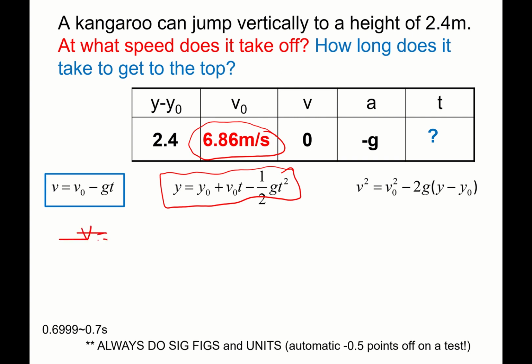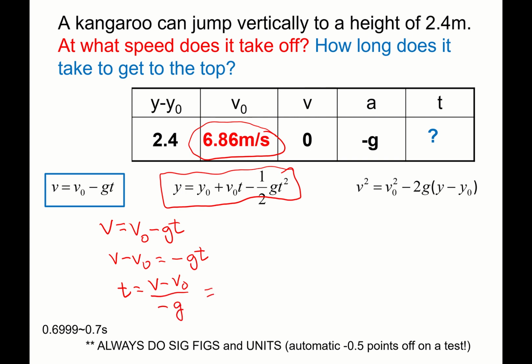So I've got v equals v0 minus gt, and I want to solve for t. So v minus v0 equals minus gt. So t is equal to v minus v0 over negative g.